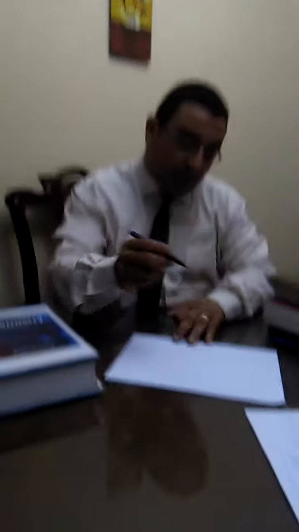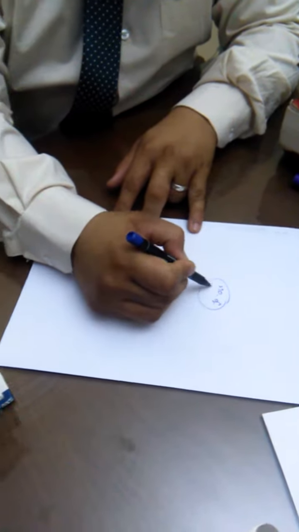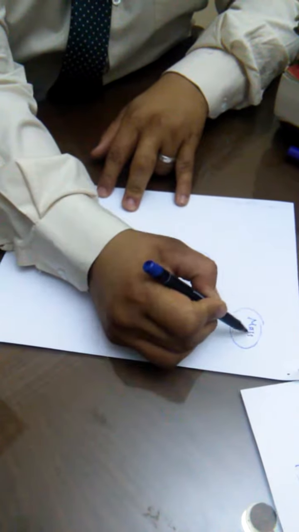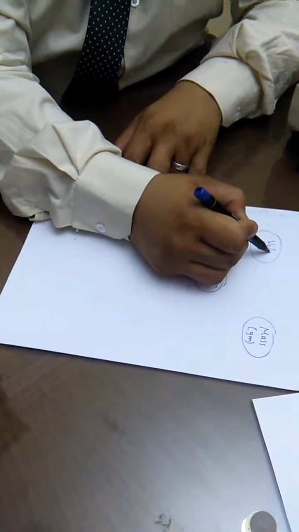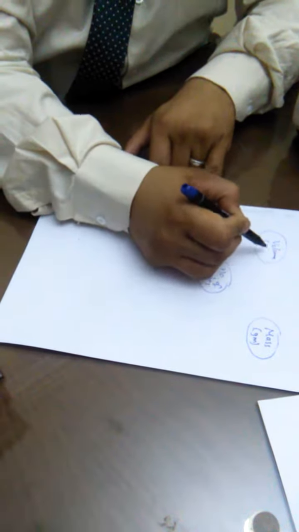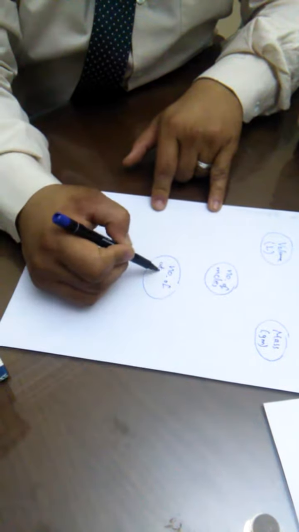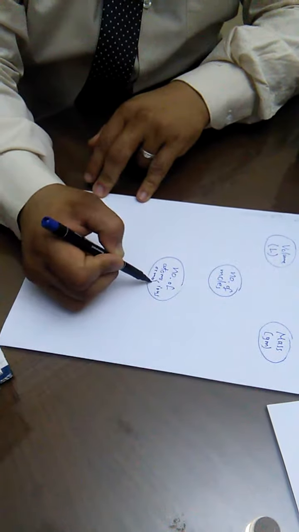Look at this diagram. If I put in the middle number of moles, and here is the mass in grams, here is the volume in liters, here is the number of atoms, ions, or molecules.